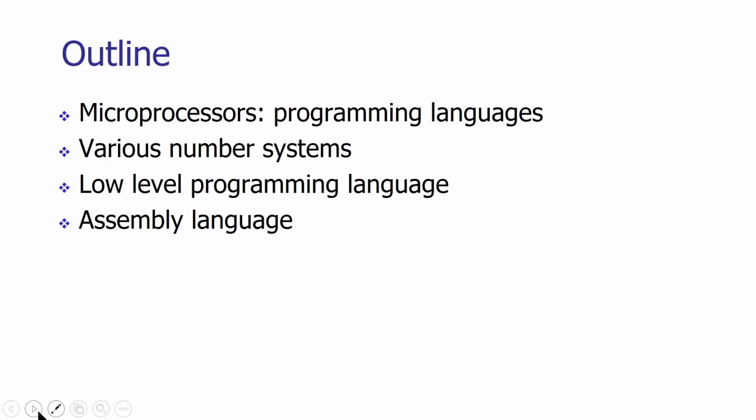After that, we will see the meaning of assembly language. To understand the syntax of the assembly language, we will solve an example, we will carry out a case study.